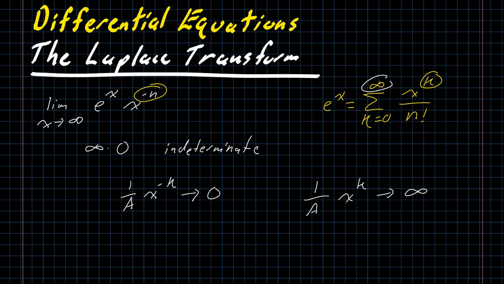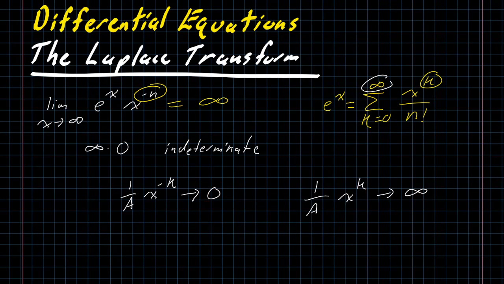And because this summation has infinitely many terms in it, there must be at least one, and in fact, infinitely many of them, where when you take this product, it's going to give you x to some positive power. And that positive power is going to go to infinity, and it doesn't matter how many times you add 0 to it.